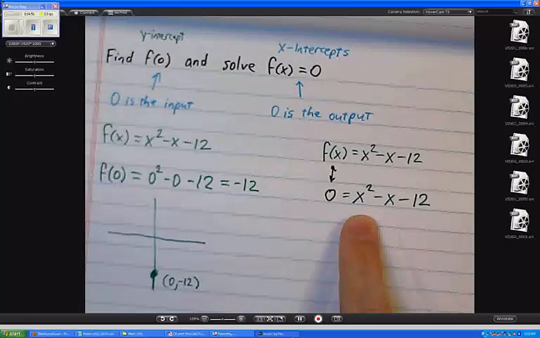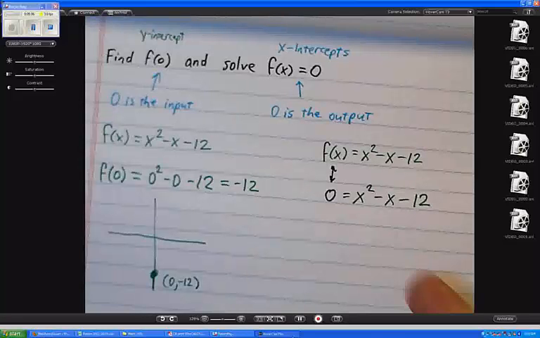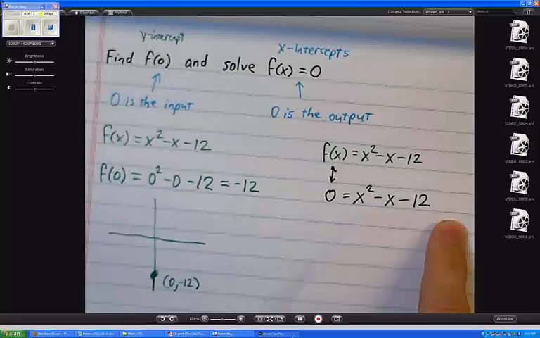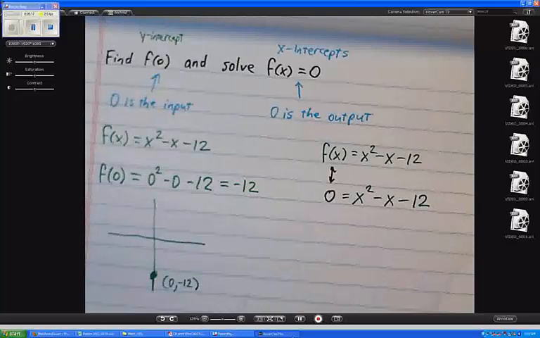Well, I guess you could probably find these. How? Factoring is a great way to find x-intercepts. What if the factoring doesn't work? For this kind of problem, we could use the quadratic formula. Are there other things I could put here set equal to 0 that you'd have trouble with? Absolutely. Okay? X-intercepts can be harder. But this one works out as factors.